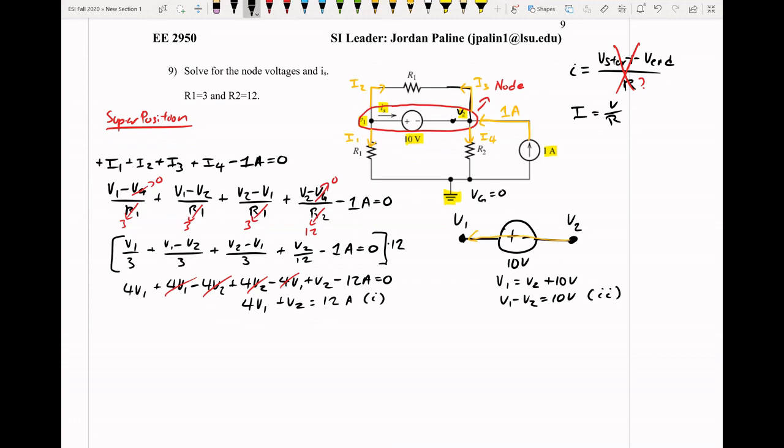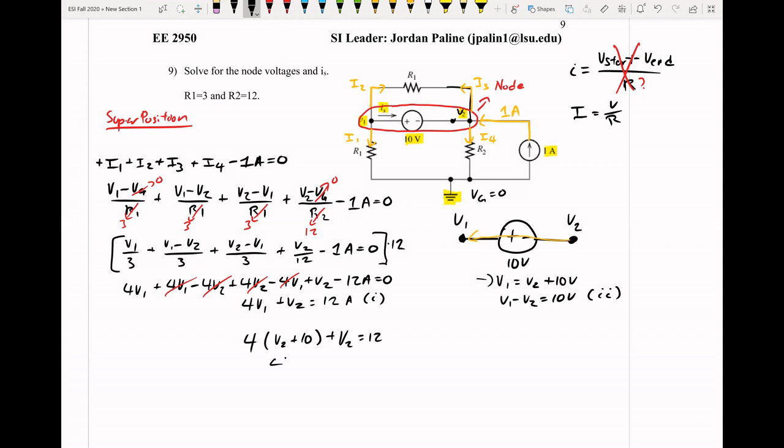I'm going to plug in this equation into the first one. So 4 times V2 plus 10, plus V2, is equal to 12.